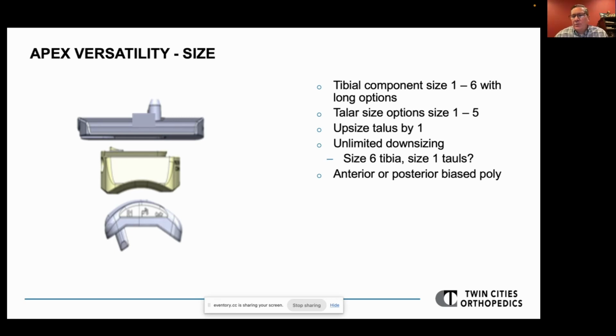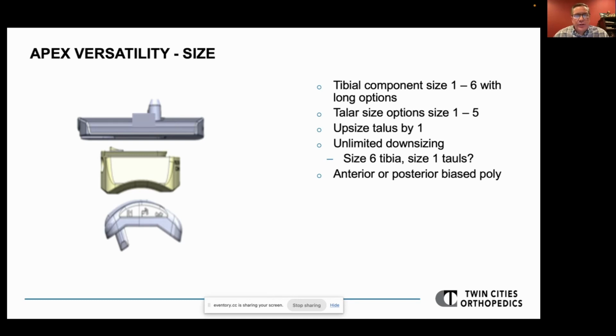They also have an anterior and posteriorly biased poly. We know certainly in post-traumatic situations, lots of times we'll have a tendency for the talus to sublux anteriorly from underneath the tibial plafond. That can be a challenge in post-traumatic pilons where that talus just wants to sublux out the front. It can be a lot of work to try and get it back.